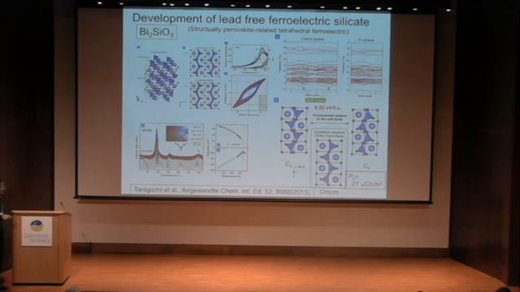Also, thirdly, important information was obtained from the calculation for polarization switching. During the polarization switching from up to down, the intermediate state was taken as Cmcm.